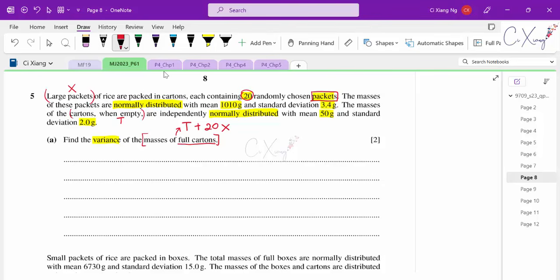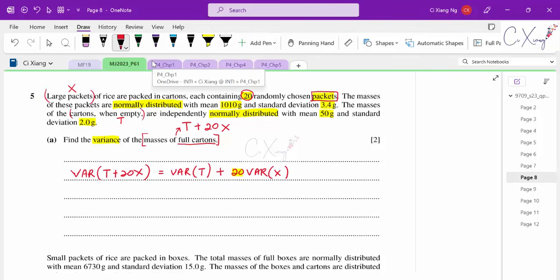So it will be T plus 20X. And when they want us to calculate the variance, the variance of T plus 20X, basically we have the variance of T, that means the empty carton, plus 20 of the variance of X. So maybe we want to discuss this.